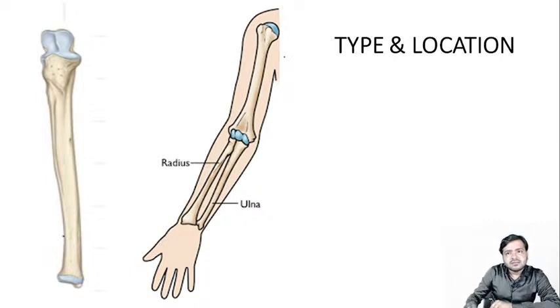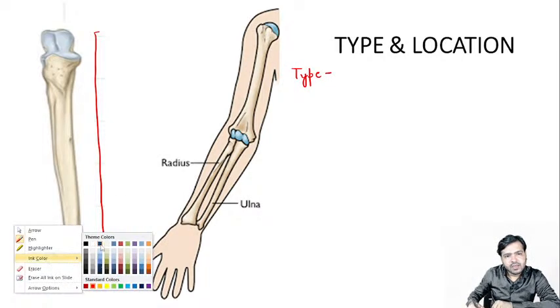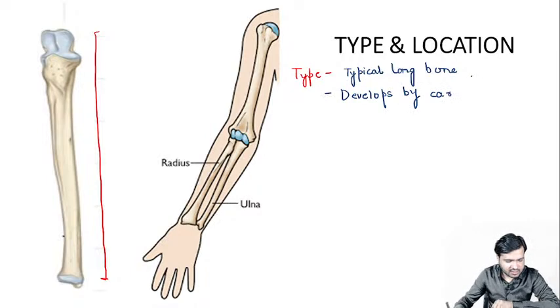Remember, guys, that the ulna is typically a long bone. It develops by cartilaginous ossification.